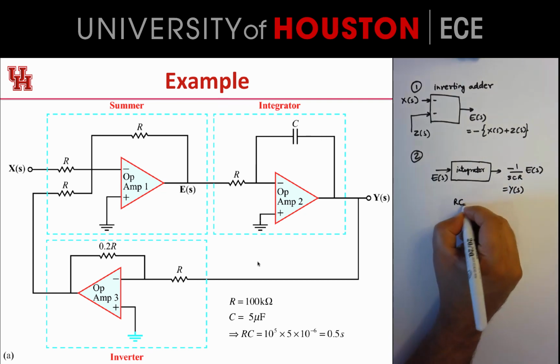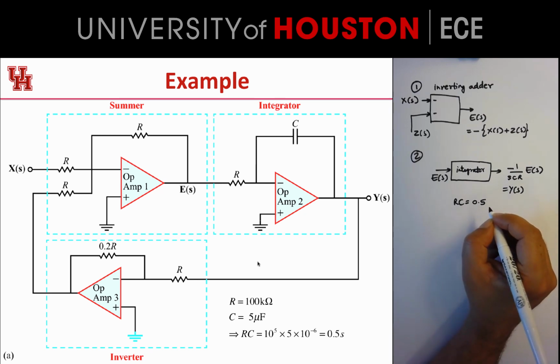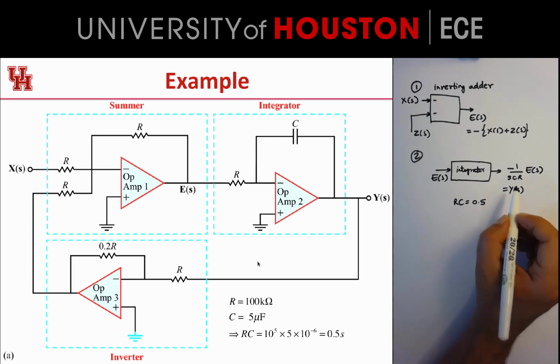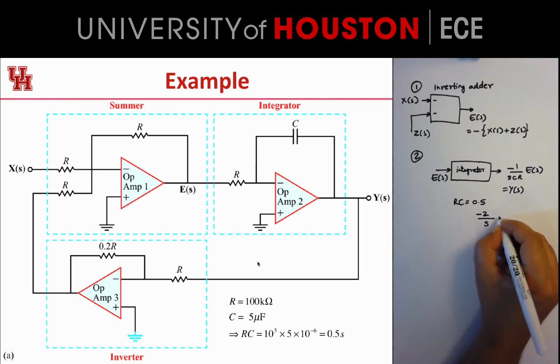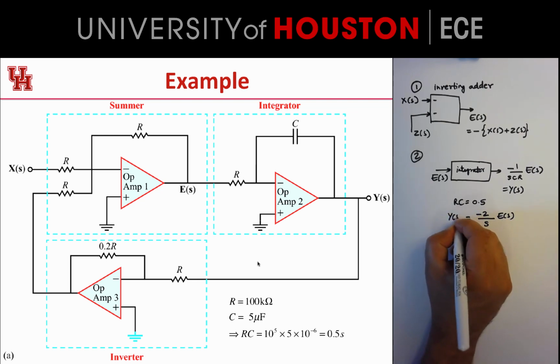Now RC in our case is basically 0.5 seconds, so this system is like minus 2 over s times E(s). So this is Y(s).